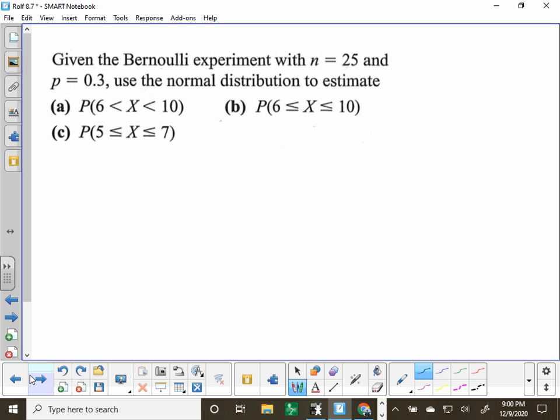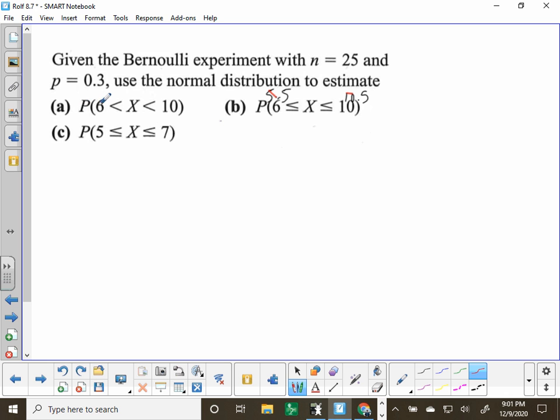Okay, let's do another one. Now we're going 6 to 10, or we can do 6 to 10 with equals. This one is not equal to, so we can do either one of them. Let's do A, but I'll show you what to do for this one here. Since this is equal to, we got to go above. So you're really doing 5.5 to 10.5.